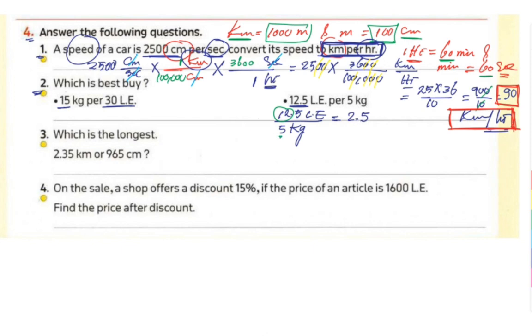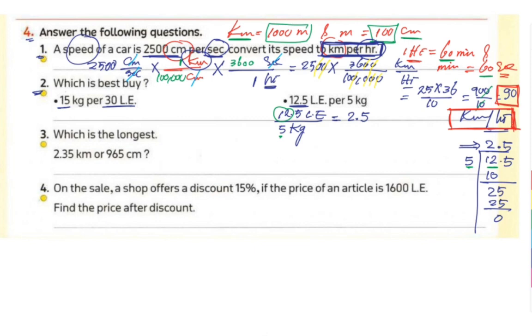I can write it for you as a standard algorithm. 12 divided by 5, you have 2 times 5, that's 10, subtract, I have 2, point up and 5 down, 25 divided by 5 equals 5. So 5 times 5 equals 25, that's 0. So the quotient is 2.5.